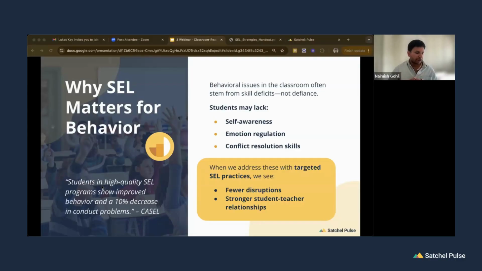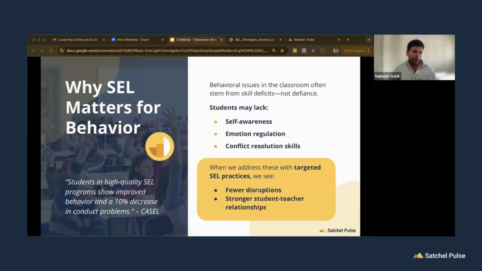So some examples are related to self-awareness, emotion regulation, conflict resolution skills. So these are all things that we can practice with students and give them opportunities to practice these skills.